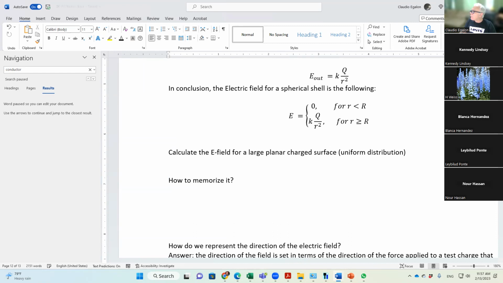That's worked out in the book, one of the examples there.